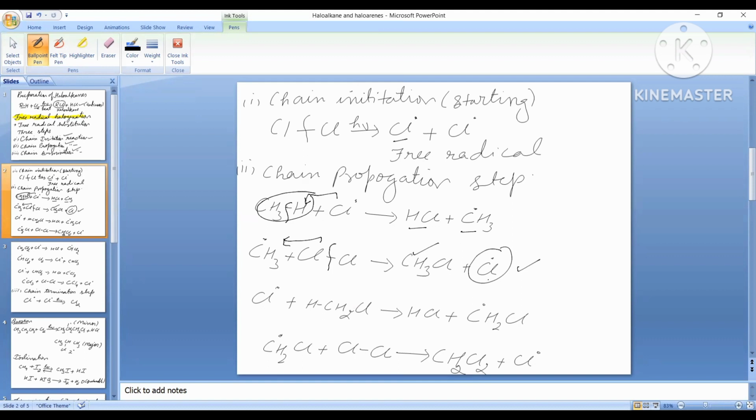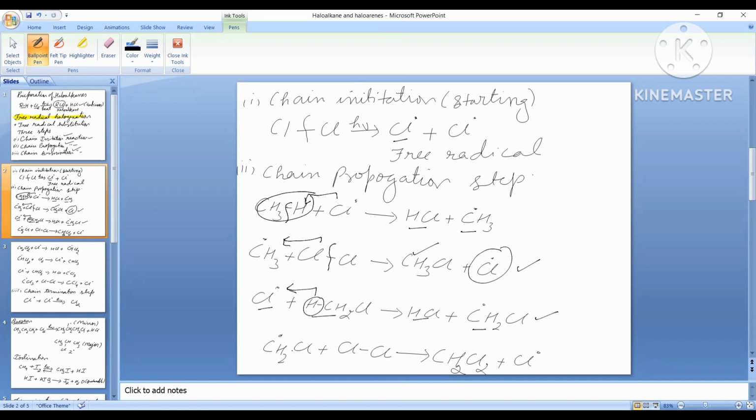Now, a Cl free radical again reacts with CH3Cl. One H will combine with Cl to form HCl, and again a free radical comes on carbon, CH2Cl.